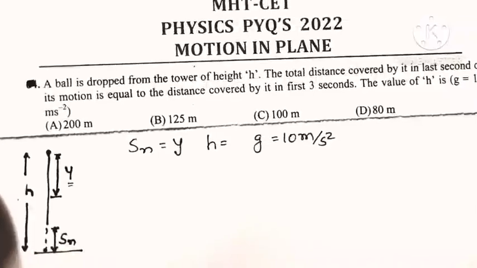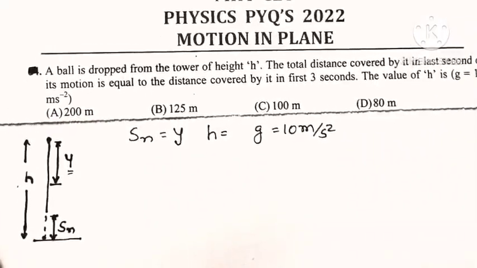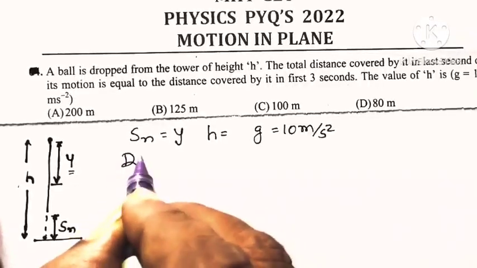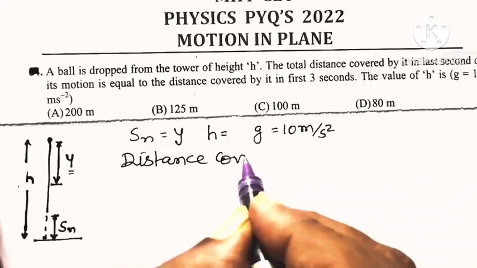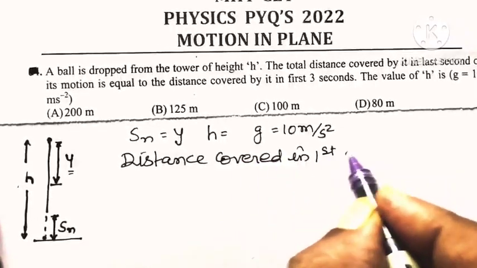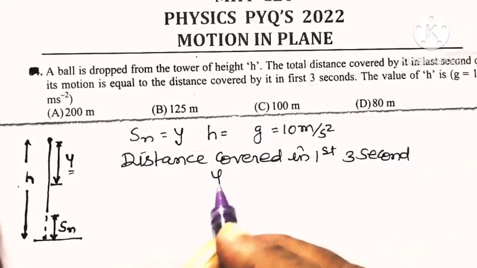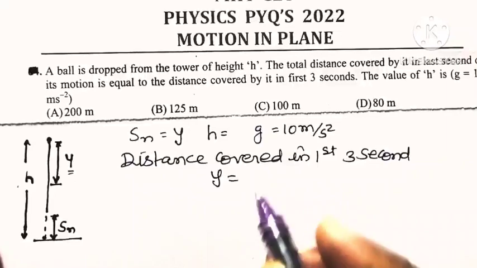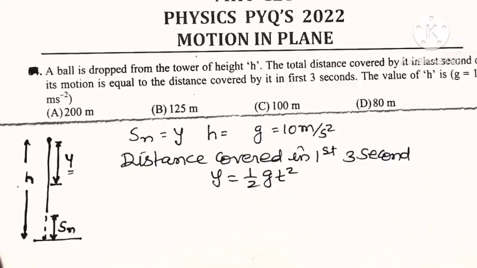Now see one by one. So what is the distance covered in first 3 seconds? Distance covered in first 3 seconds, which we denoted by y, and that y is equal to half of gt square, because initial vertical component is 0.